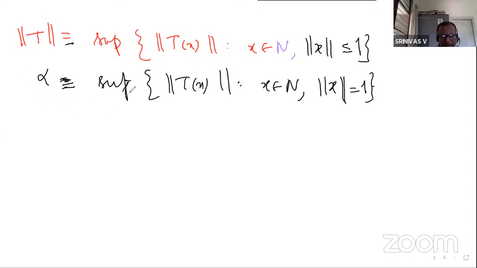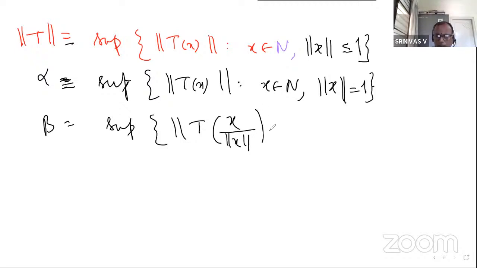That sup is defined as alpha, and then we define beta to be the supremum of norm Tx by norm x such that x is in N and x is non-zero. You have norm x in the denominator, which is a non-negative real number. We want this not to be zero, so we impose this condition.